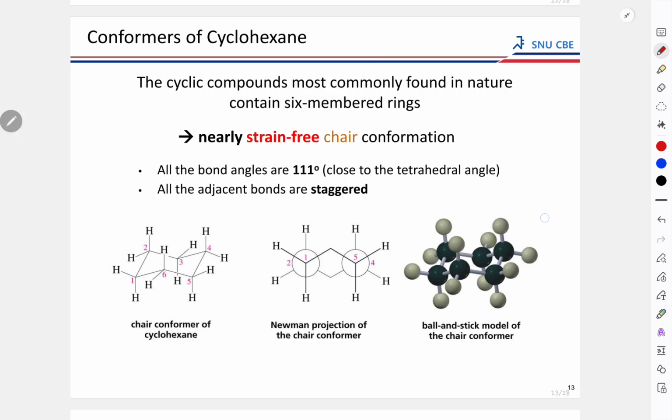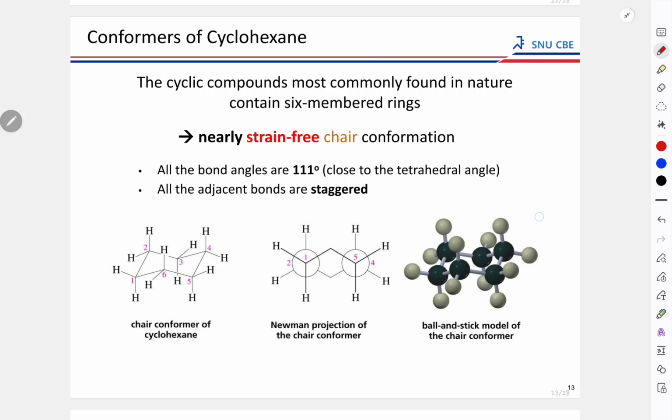So this is a Newman projection of the chair conformer. With your eye located in the appropriate direction, you can draw this Newman projection for the chair conformer. And this is the ball and stick model of the chair conformer, the same thing.